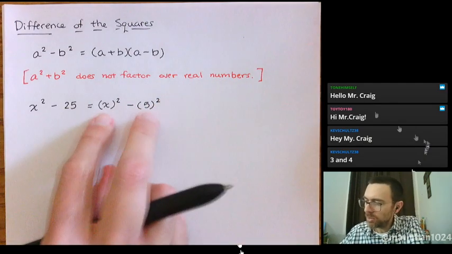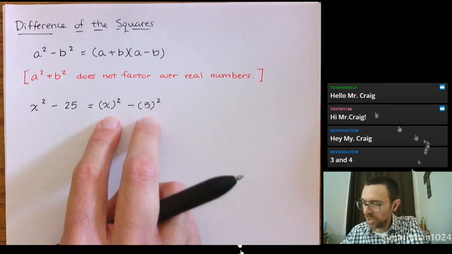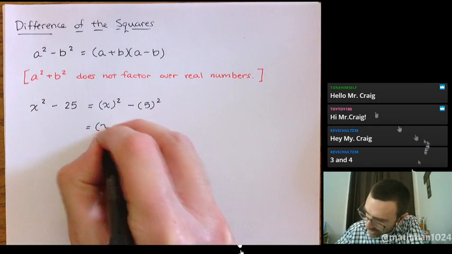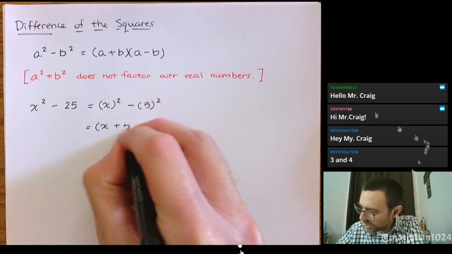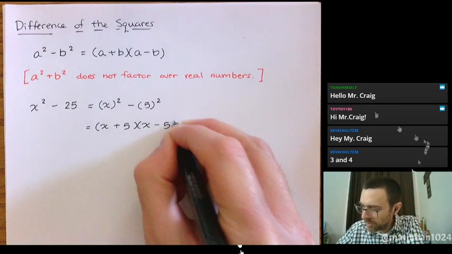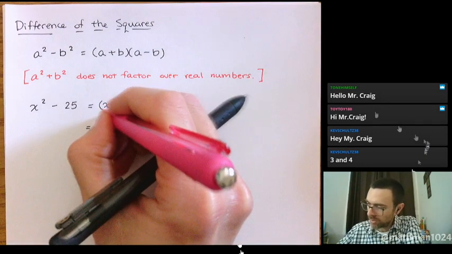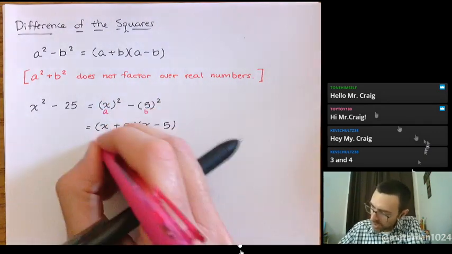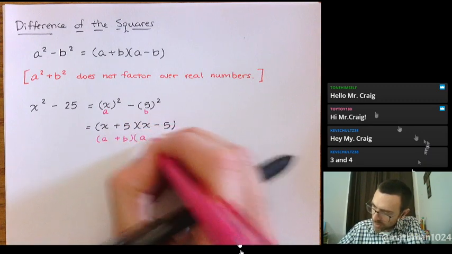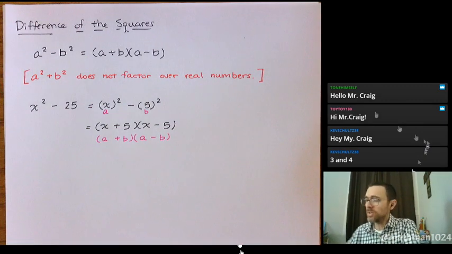So by recognizing that both of these guys are squares, these two numbers come from these guys being squared, then I can factor this by saying x plus 5 times x minus 5. So once you've identified what your a and b are, so like that's your a and that's your b, then the factorization becomes a plus b times a minus b. And that's all we have to do.